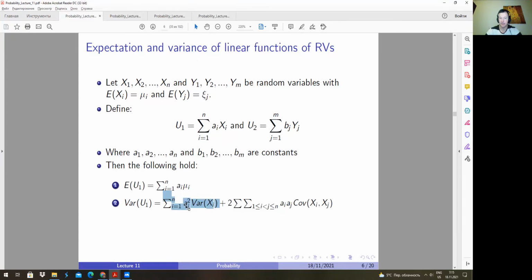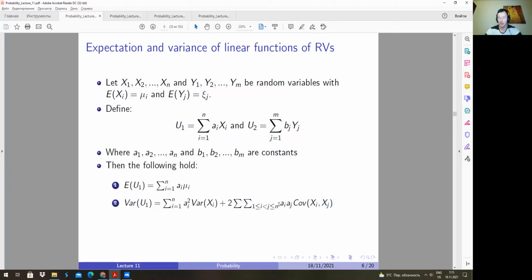We take the coefficient squared multiplied by the variance of each random variable, and then we sum over them. But we also have this additional term, and this looks ugly, the double summation of something. Let's try to understand what happens here, and then we will see an example of how to work with it.